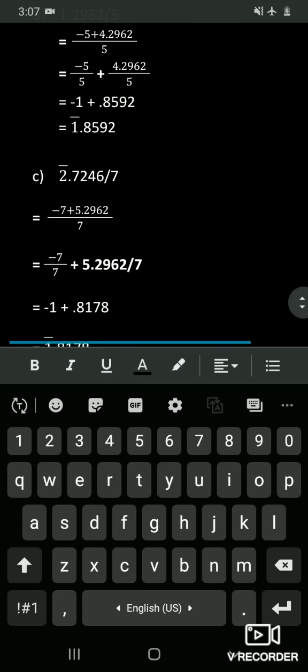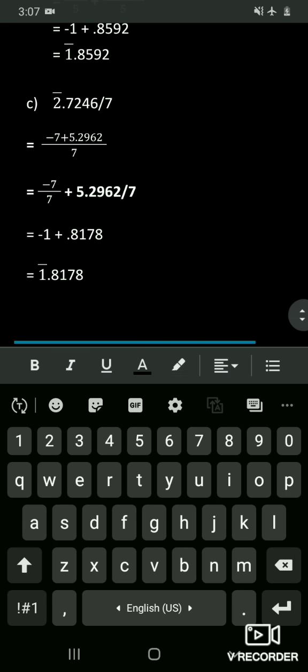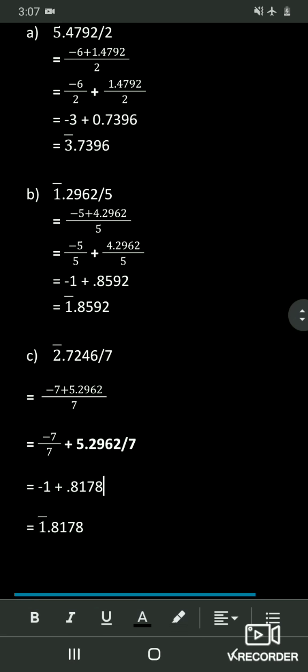So the answer after simplification would be minus 1 plus 0.8178, which you'll get by using your simple calculators or doing it manually. The final answer is 1 bar 0.8178. So remember, whenever the characteristic is negative, you have to use this technique and solve it.